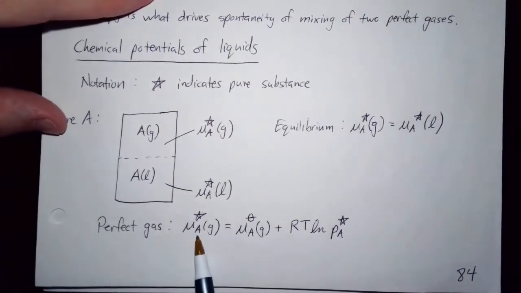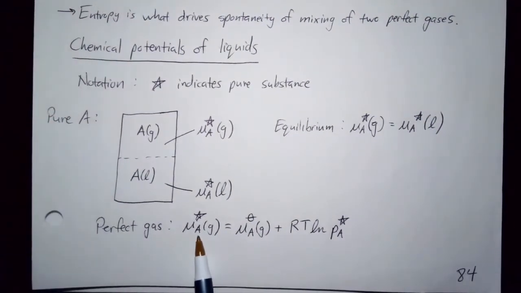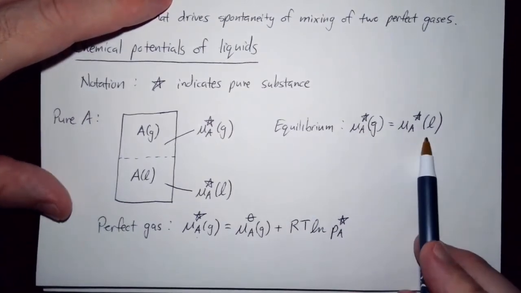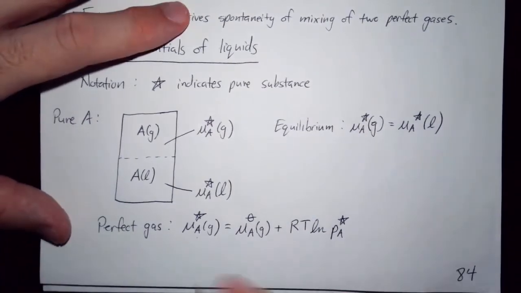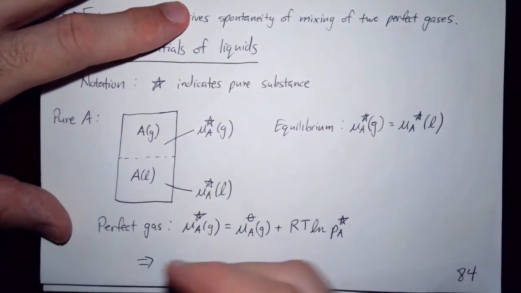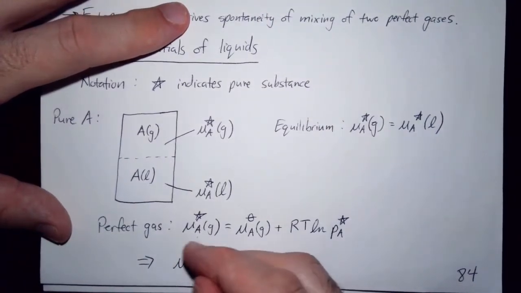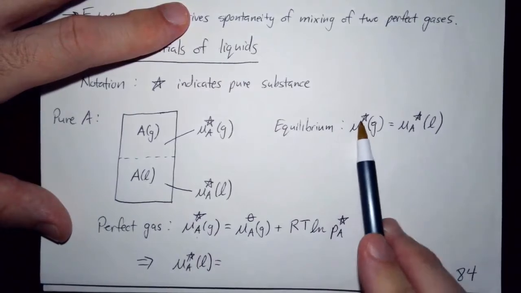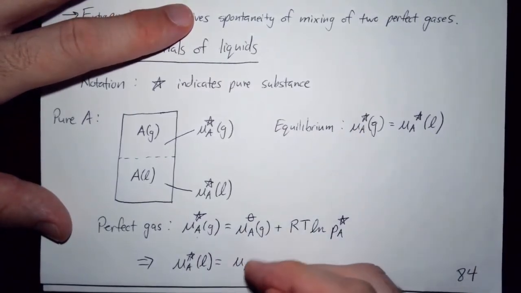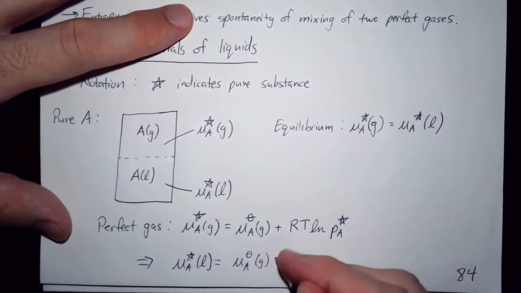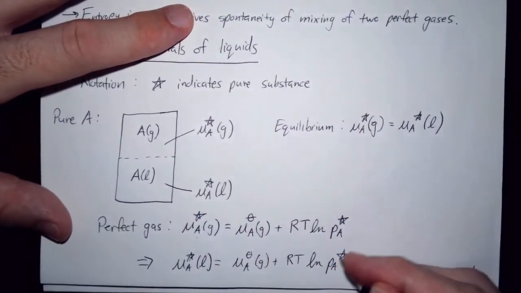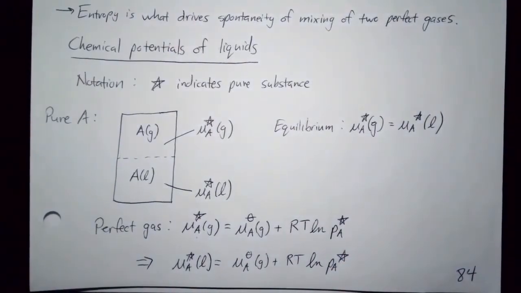Now, if we take this quantity and we plug it in up here, we get a formula for mu A liquid. So mu A star liquid is equal to mu A star gas. So it's equal to this formula that I just wrote. Okay, so that's for a pure substance.